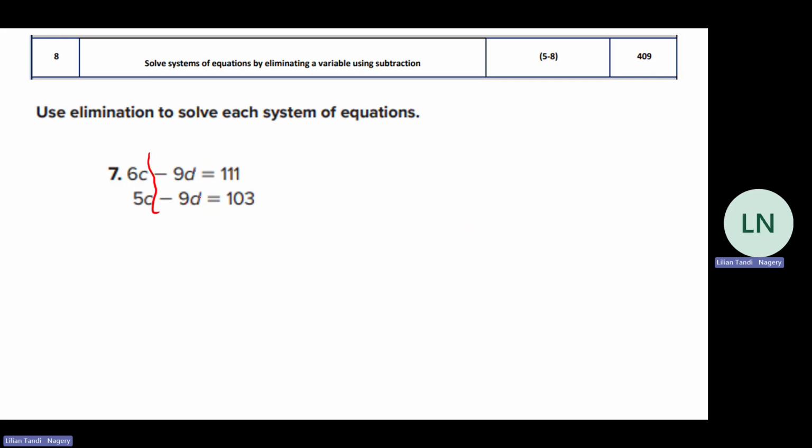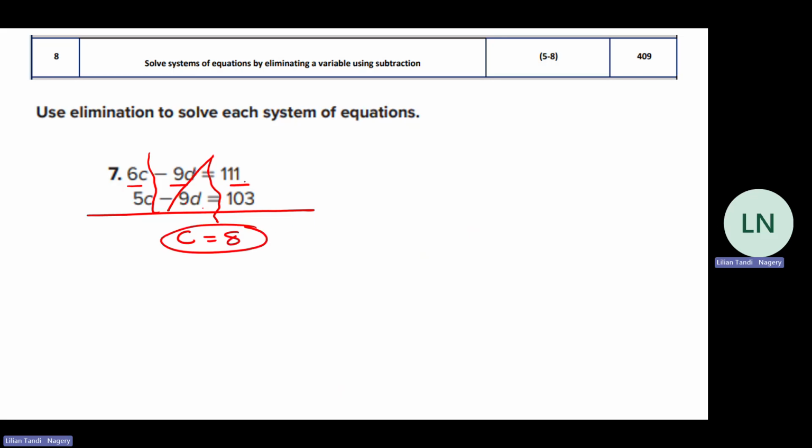Same number, same letter, then I do my houses. Then I will minus. This becomes 0, this becomes negative, this becomes 1C, and this is 111 minus 103. That should give me 8. There you go, C is 8.